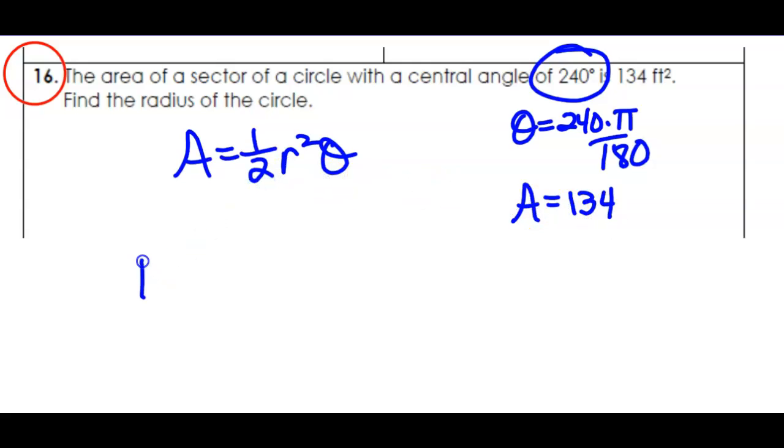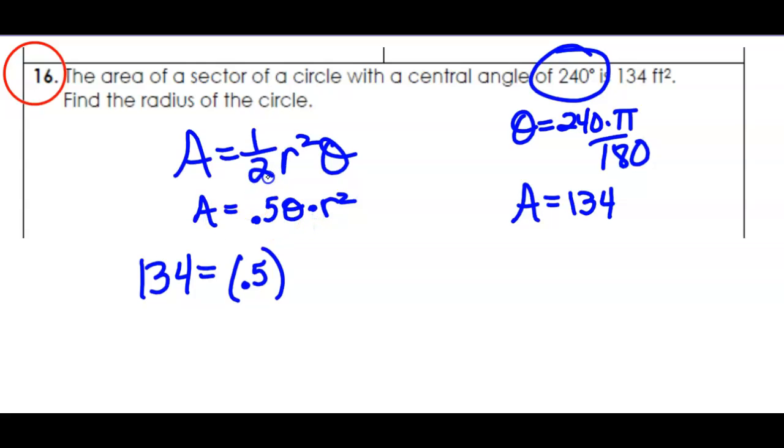Okay, so I'm going to put 134 equals, I'm just going to use 0.5 because we're going to have decimals everywhere anyway. And I'm going to actually write this as 0.5 times theta times r squared, because that'll let us do some calculations ahead of time. So I just change that in the order over here. So the theta is 240 pi over 180. And then we have an r squared.